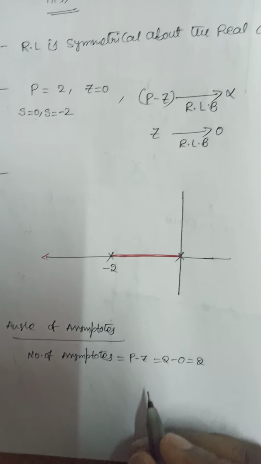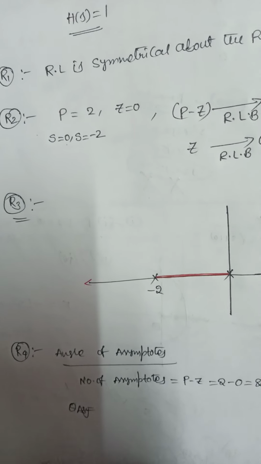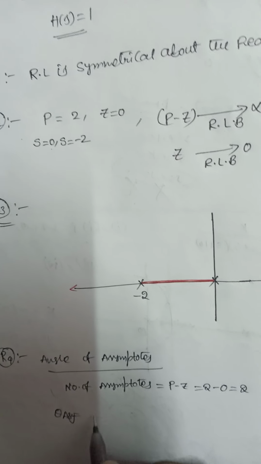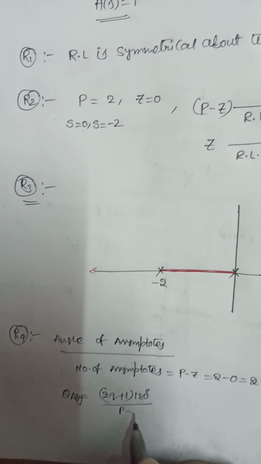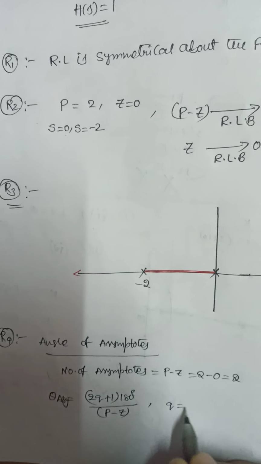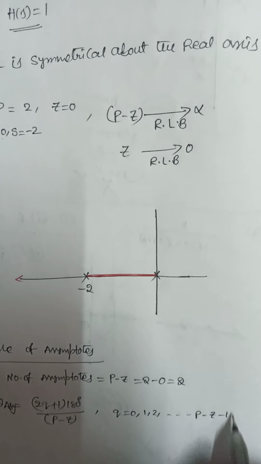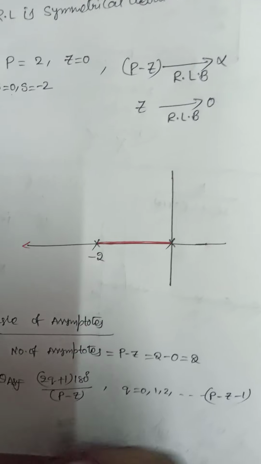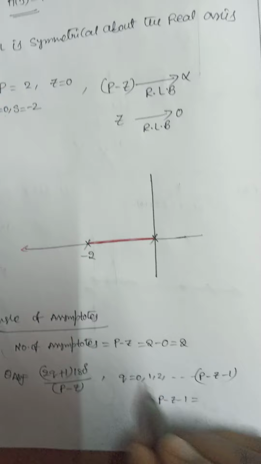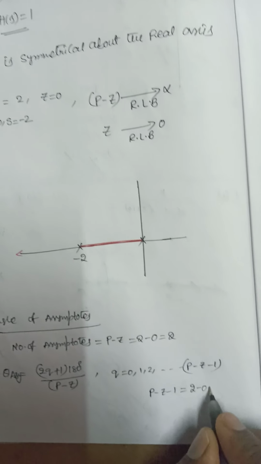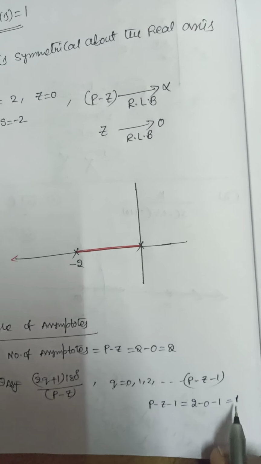So 2 asymptotes will be present here, and the angle of asymptotes can be calculated like this: theta asymptotes is equal to (2q+1) times 180 degrees divided by P minus Z, and the q value varies from 0, 1, 2, up to P minus Z minus 1, that is 2 minus 0 minus 1, equal to 1. That means the q value has to be varied from 0 to 1.